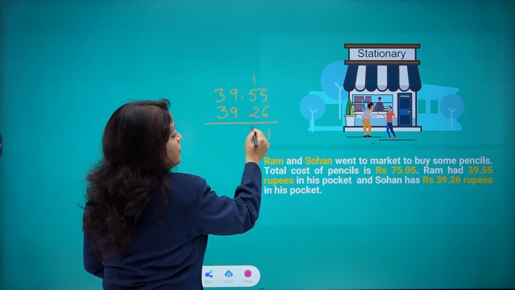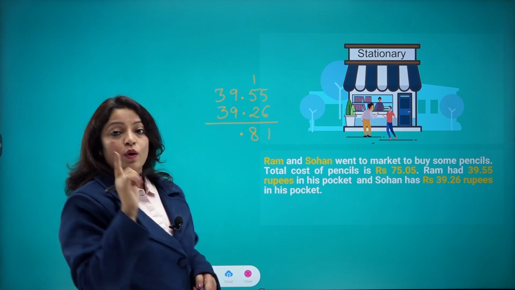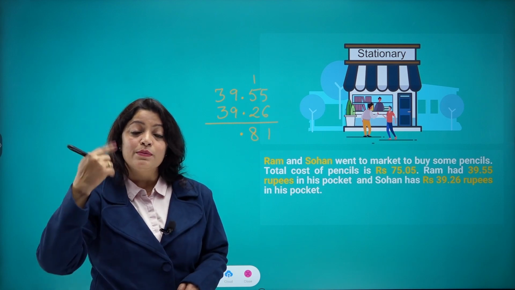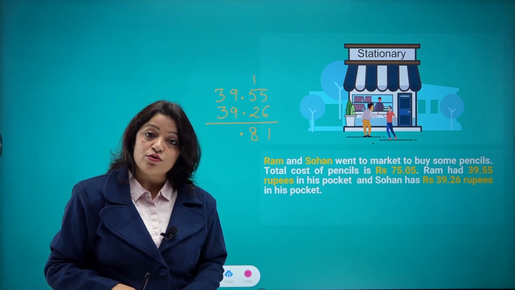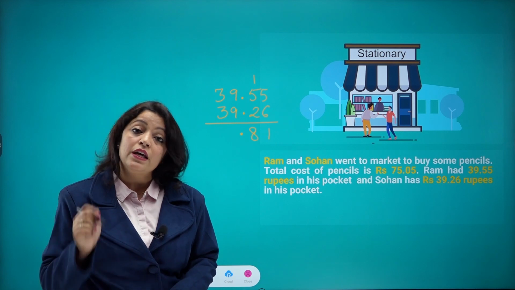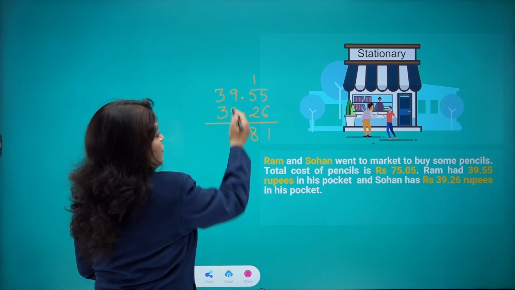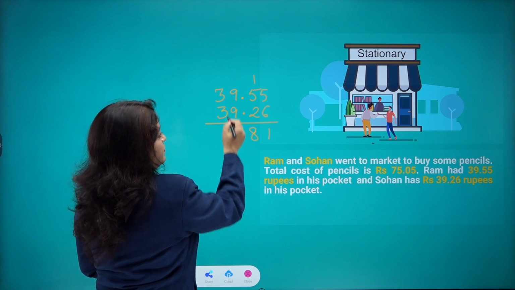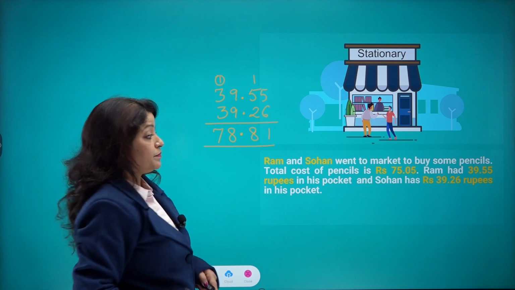Always remember, whenever we are adding or subtracting, we need to write the decimal below the decimal, okay? Whether it is addition or subtraction, we have to first arrange these numbers. Then let's see, if I add further, I have 18, 1 as a carry, then 78.81.